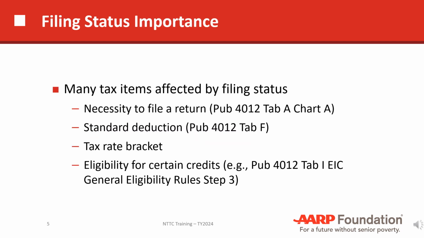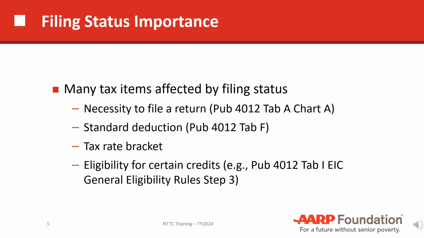To take the importance of filing status a little bit further, there are many tax items affected by filing status. First of all, the necessity to file a tax return. If you look at Pub 4012, the Volunteer Resource Guide, Tab A, Chart A, you'll see that filing status plays a role there in their necessity to actually file in the first place. The standard deduction is influenced by filing status.